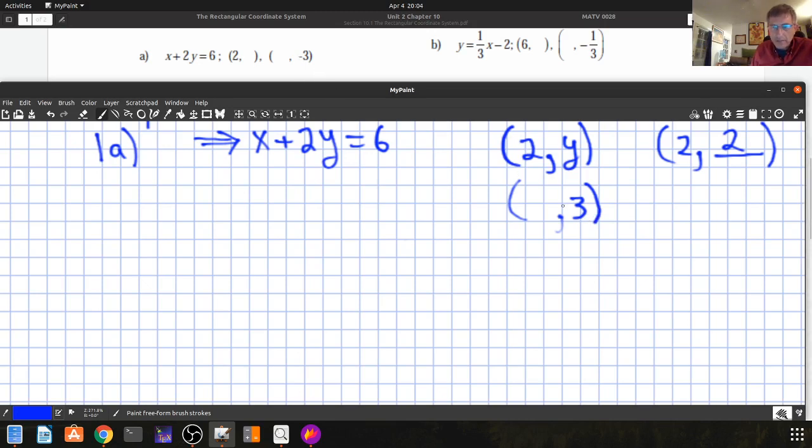No, it's minus 3. And they want us to find the corresponding x value such that that resulting ordered pair is a solution to this equation. So let's do it. X is my unknown. Y is given to me to be minus 3.